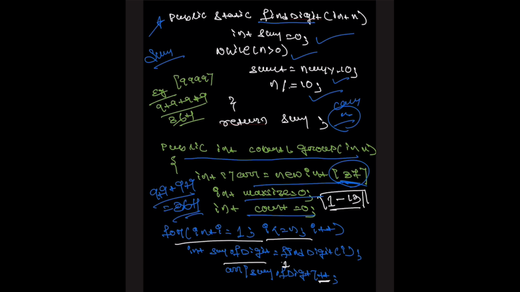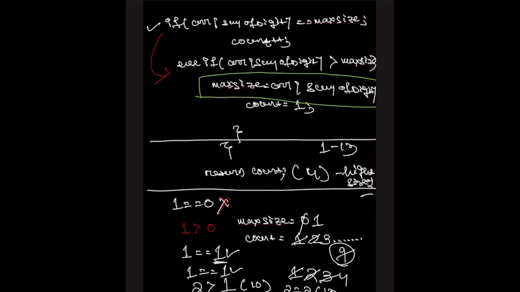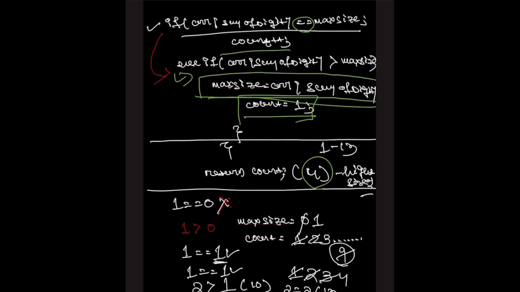Then sum of digits, call the method, pass the value, return the value, and update the array value, 0 to 1, 1 to 2. Then we compare this with max size and count. If it is equal, count increments; if it is greater, we update max size, set count to 1, then return the result. Now we should code that.